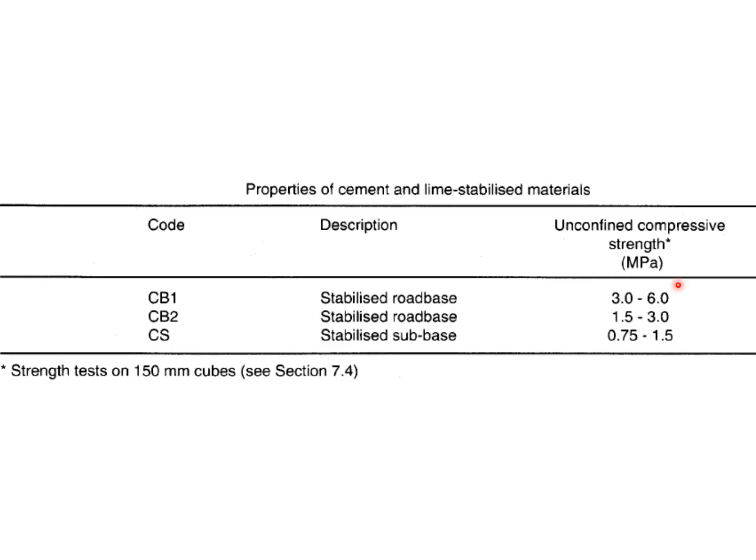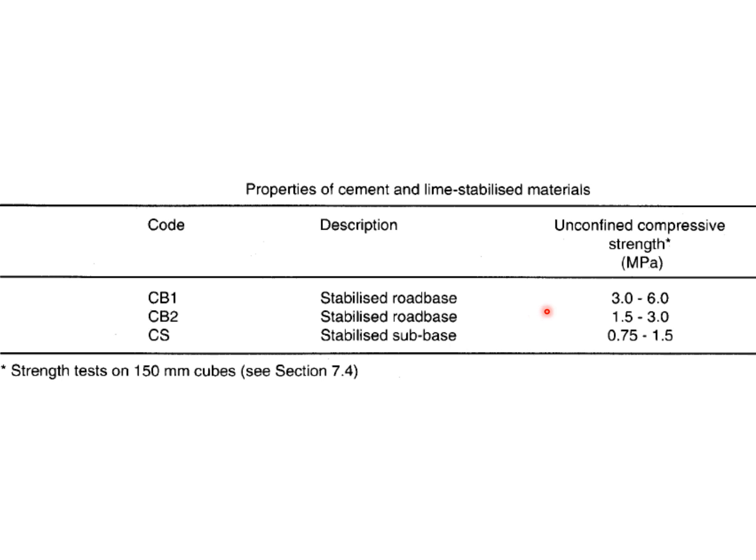Now in this particular slide you can see the properties of cement and lime stabilized materials, and look at the codes which are being used over here: CB1, CB2, CS. CB1 means stabilized road base, CB2 stabilized road base again, and CS means stabilized sub base. But if you just look at CB1 and CB2, there is a difference.